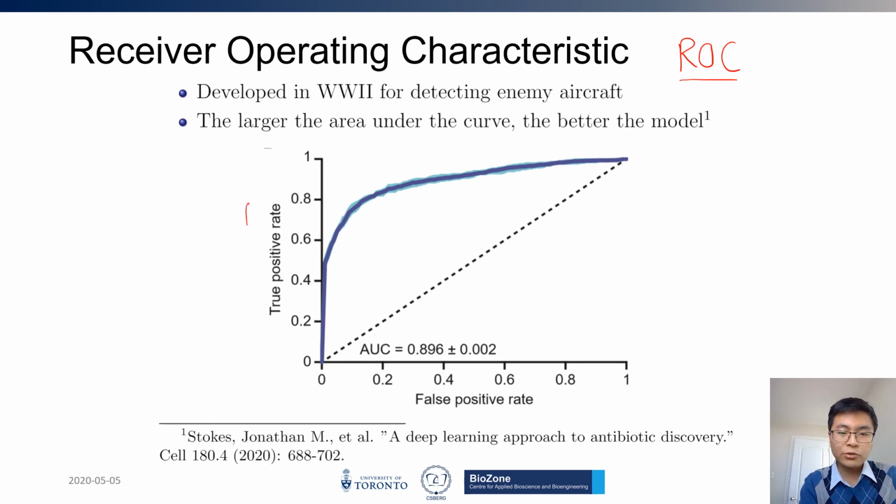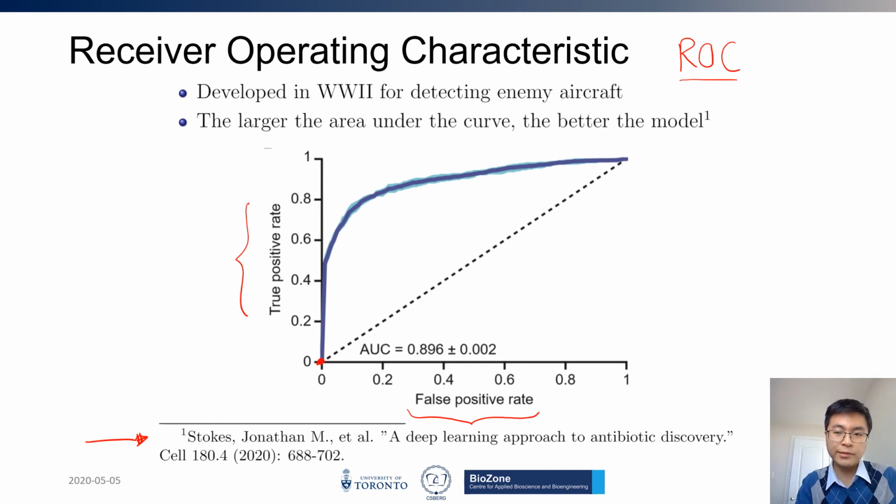It's plotting the true positive rate versus the false positive rate. And just as a side note, this is a real curve that I obtained from a recent paper where they're classifying molecules as antibiotics or not antibiotics.